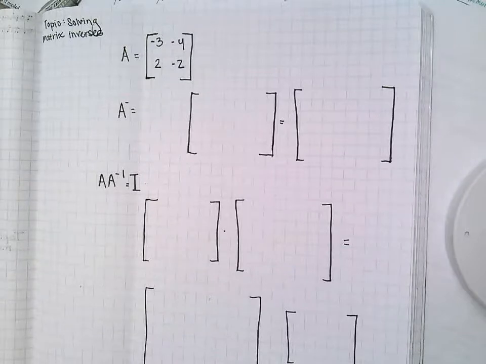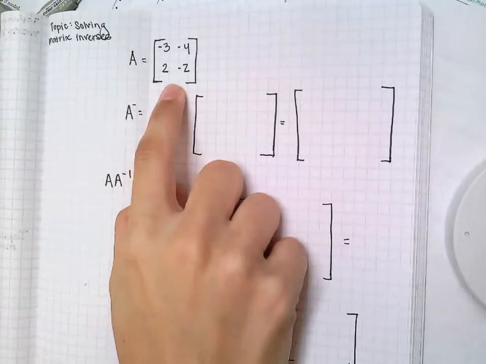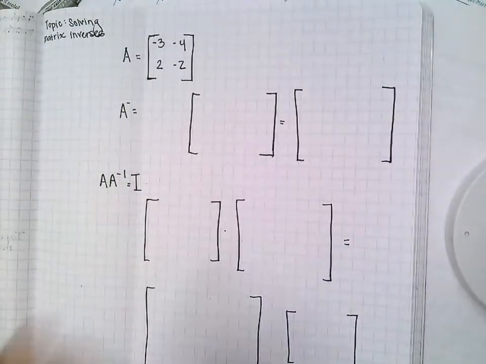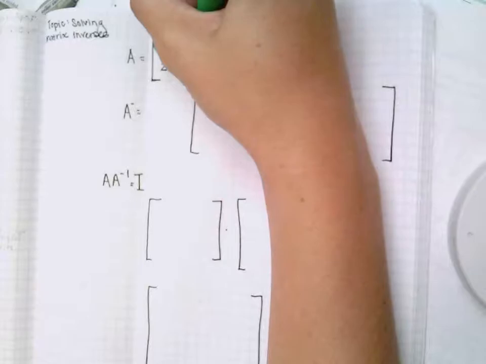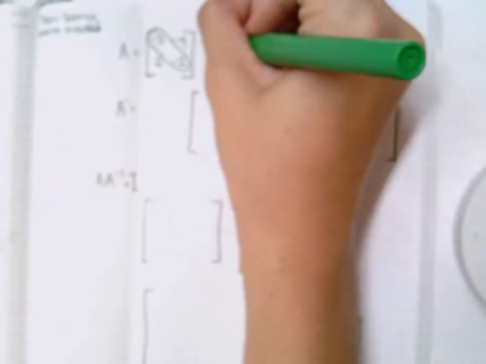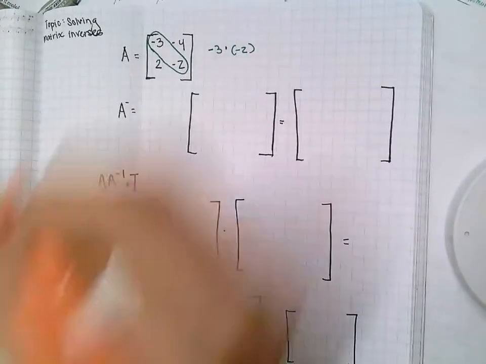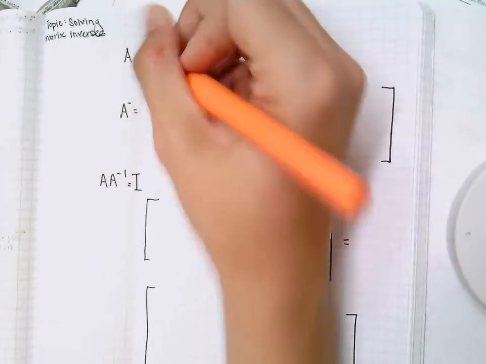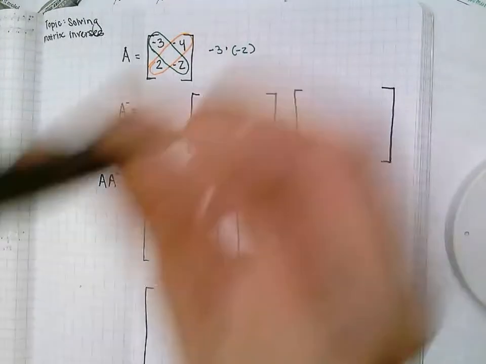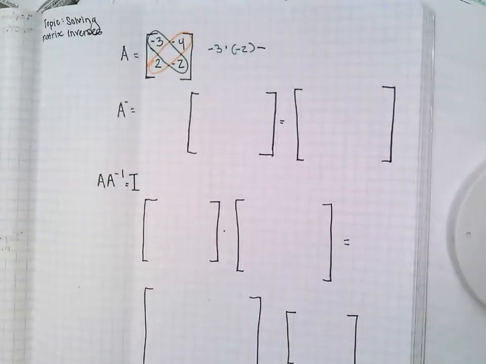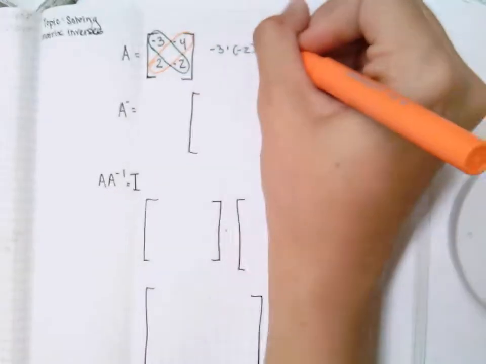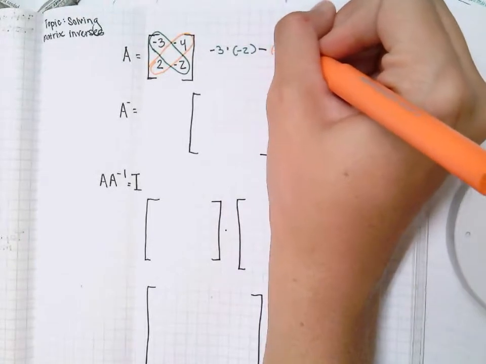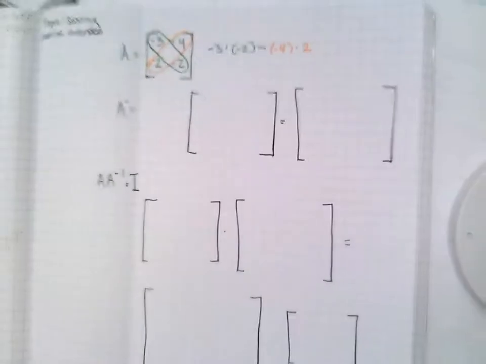Today we will be solving matrix inverses. We are given this matrix. First we have to find the determinant. So -3 multiplied by -2 minus -4 multiplied by 2.